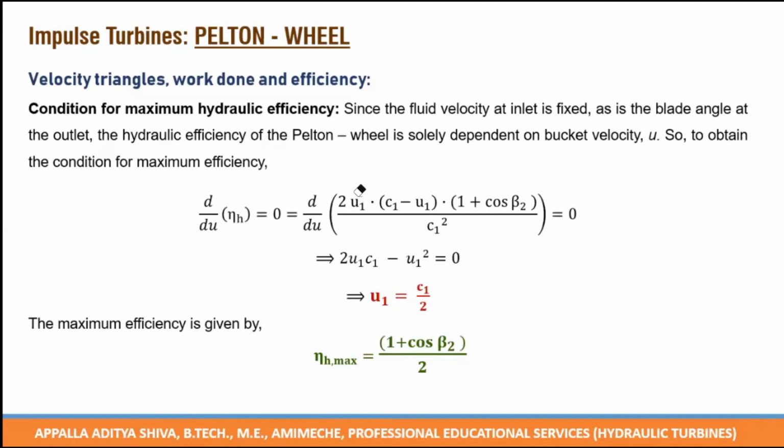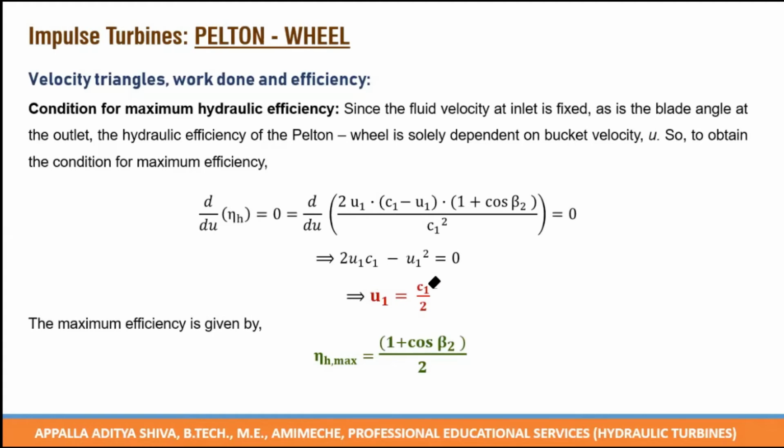which determines and varies the efficiency of the turbine. So when we differentiate this expression with respect to u and equate it to 0, we have u is equal to c1 by 2. So let us say your inlet jet comes with 10 meters per second.